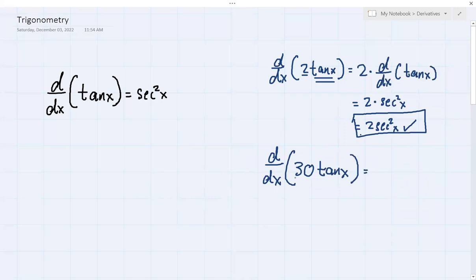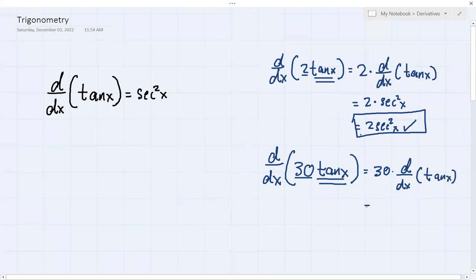So, the same thing, constant si 30 at meron tayong trigonometric na function. So, we have 30 times the derivative of tangent x. So, ang derivative ng tangent x is still the same, secant squared x. Therefore, you have 30 times secant squared of x.